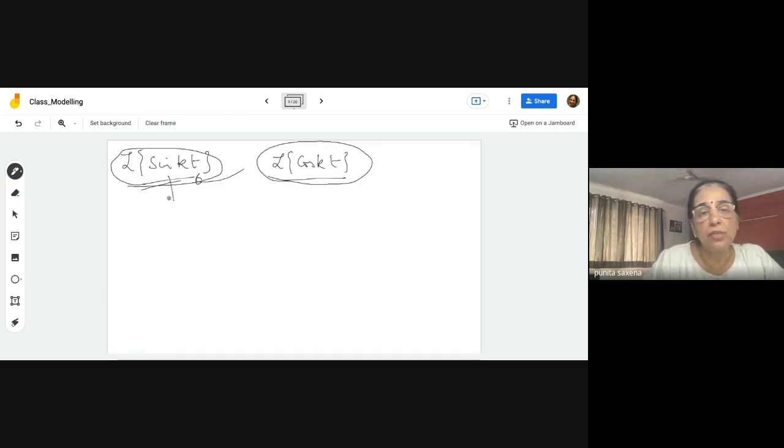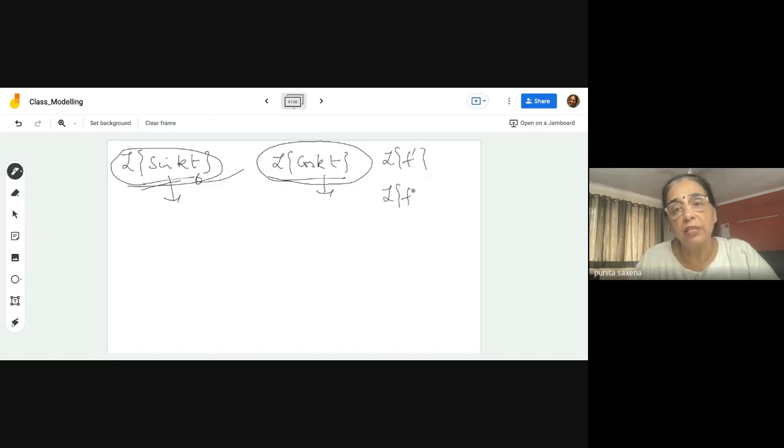See, these are two standard functions for which we have already derived the formula. But those formulae that we derived were by using the definition of Laplace transforms. We got them from the integral, right? But now, since we know the theorem which talks of the Laplace transforms of derivatives, like Laplace transform of f dash, Laplace transform of f double dash, and so on and so forth.